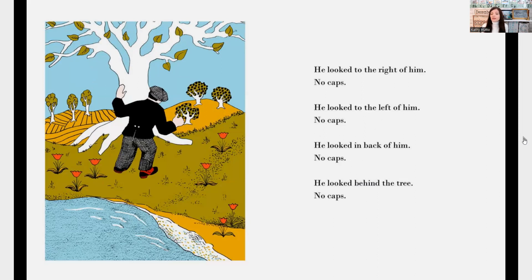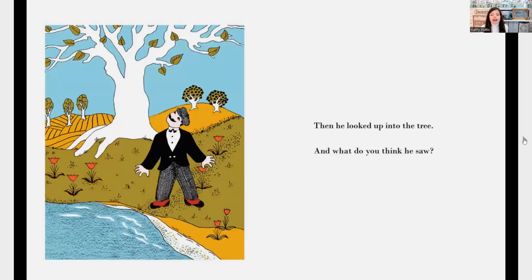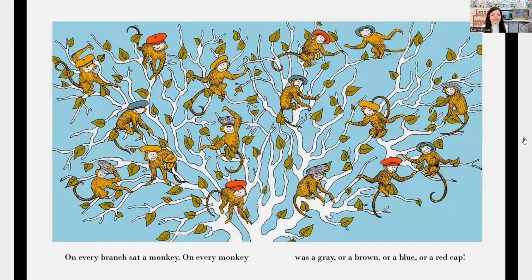He looked in back of him, no caps. He looked behind the tree, no caps. Then he looked up into the tree, and what do you think he saw? On every branch sat a monkey, and on every monkey was a gray, brown, blue, or red cap.